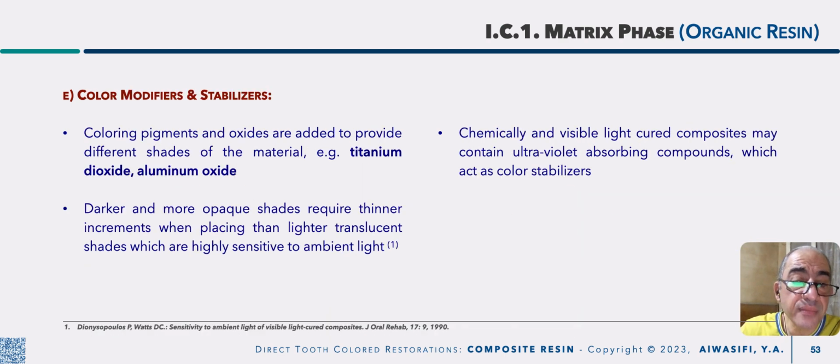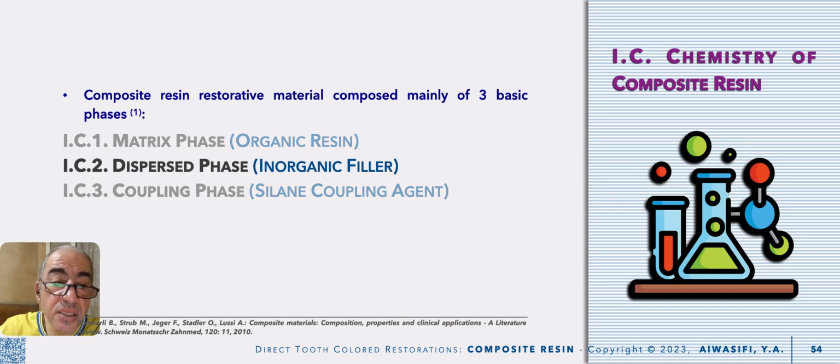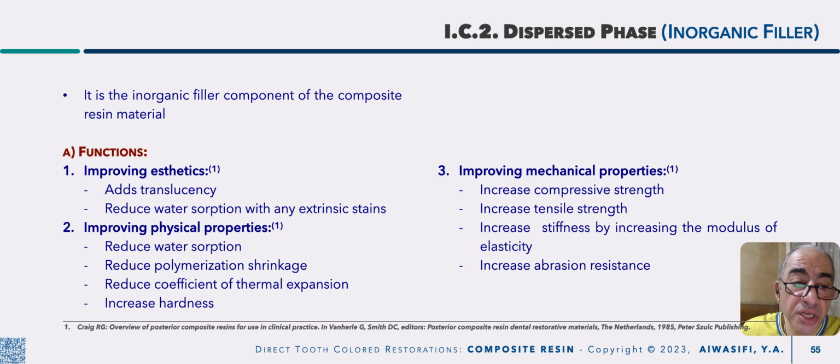Then color modifiers and stabilizers are added to give a variety of composite shades to match your tooth structure. Then comes the dispersed phase, which is the filler added by Rafael Bowen. This is the innovation of Rafael Bowen. The other component was the matrix phase, which is organic resin, and this is the inorganic filler added by Rafael Bowen.